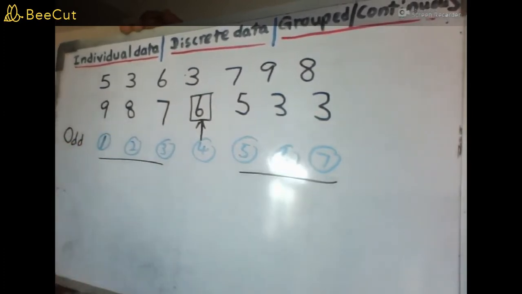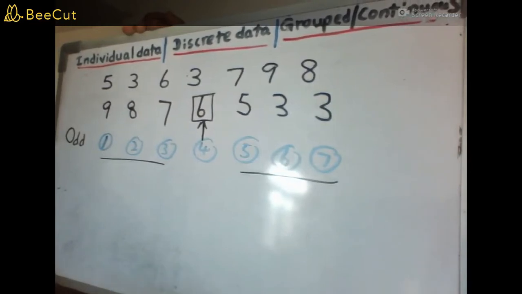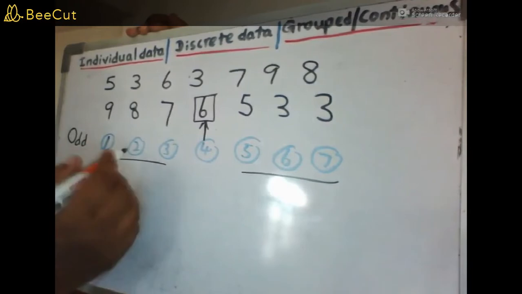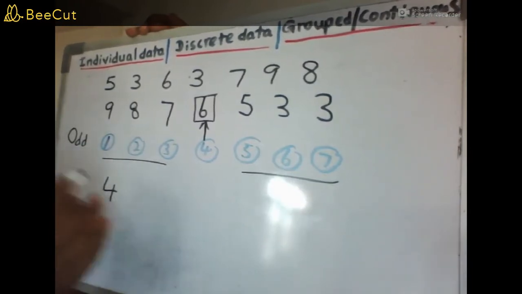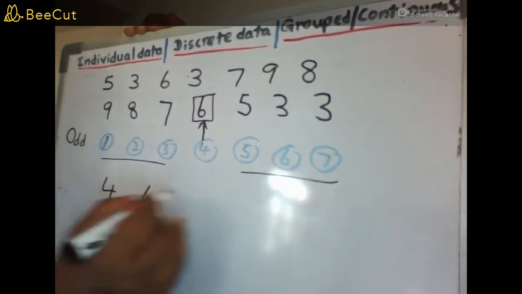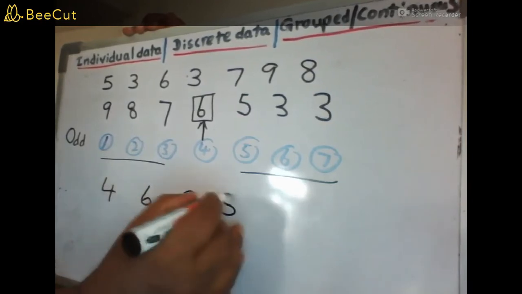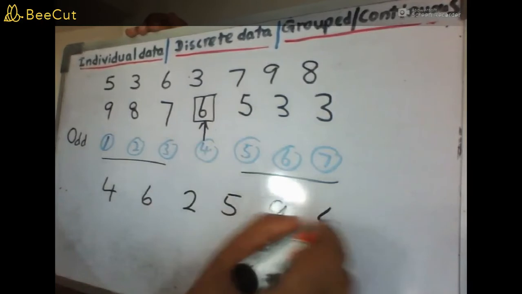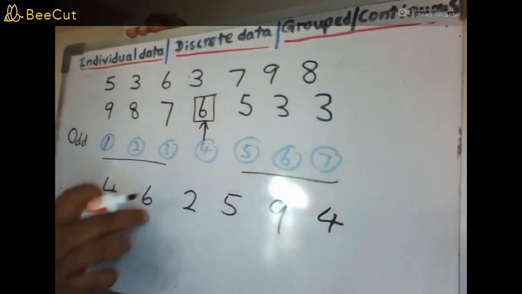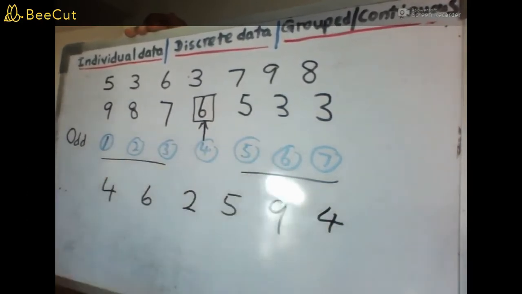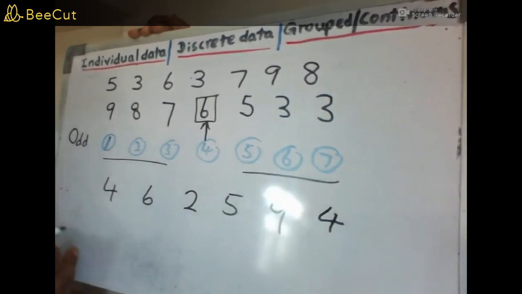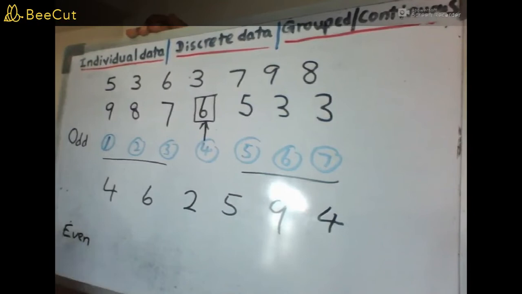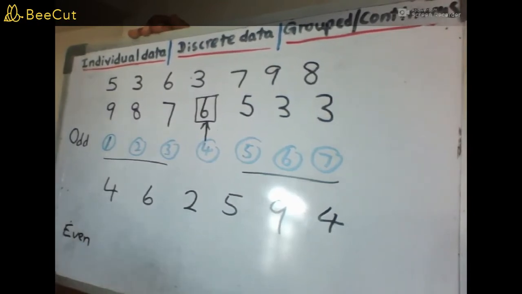Now we'll take another set of data: 4, 6, 2, 5, 9, 4. How many values? 1, 2, 3, 4, 5, 6. We call this even.